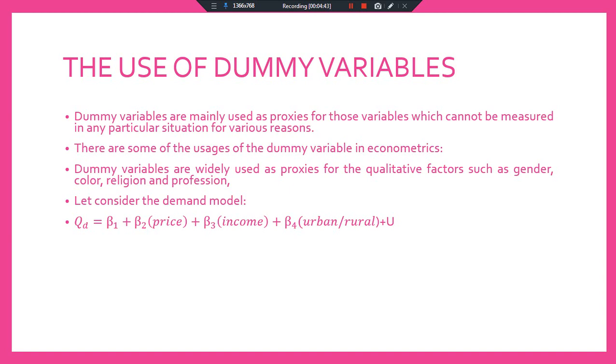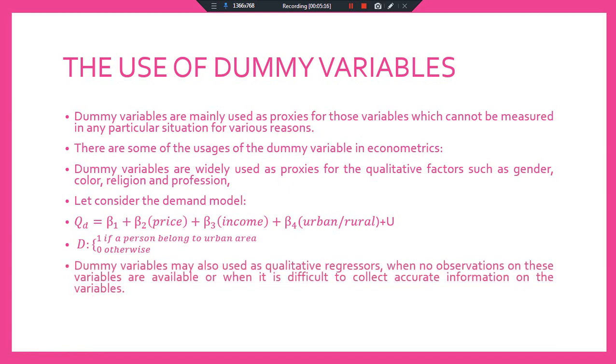So for that we have to use a dummy variable here. Let's say D is 1 if a person belongs to an urban area and 0 otherwise. If we put a 1 here, then we get the demand function for the urban area, and if we want to see the demand function of the rural area, then we put a 0 here, then we get the demand function of the rural areas or rural population.